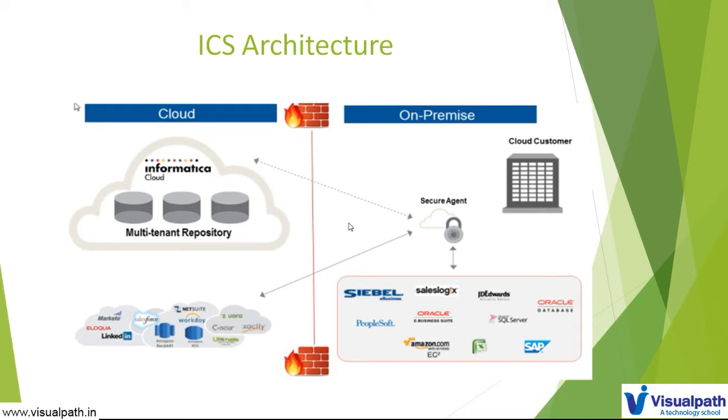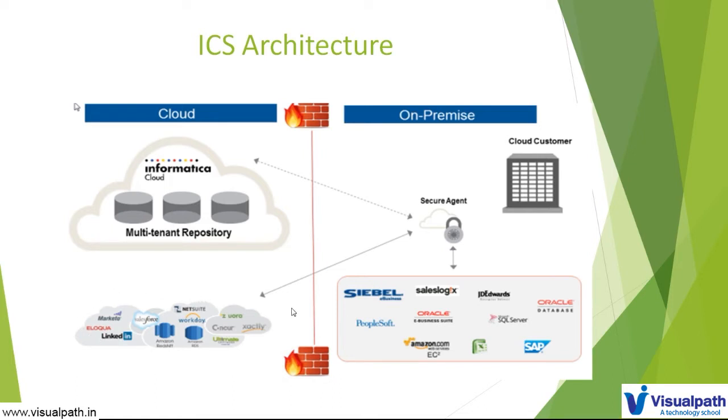account-related information or audit-related information. As cloud-based applications, we can see a number of them like NetSuite, Workday, Salesforce, LinkedIn, and Jira. These are a few of the cloud-based applications I am showing here.